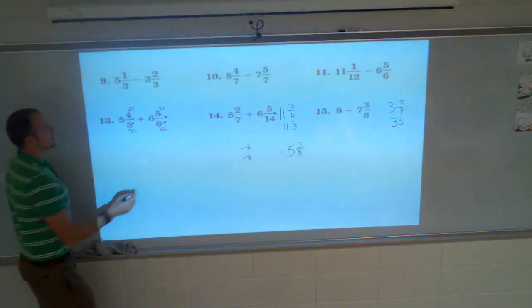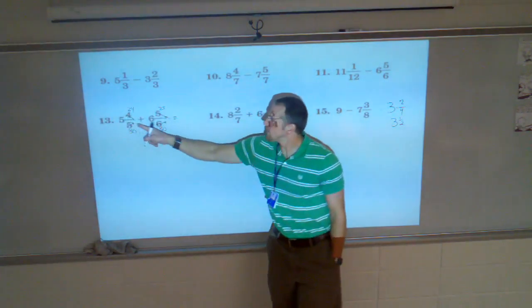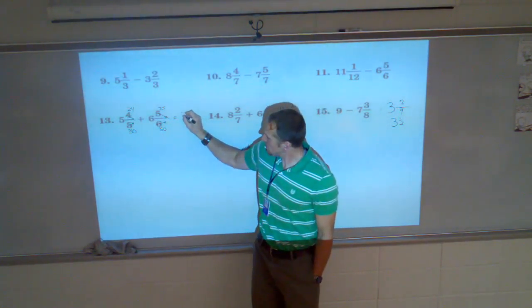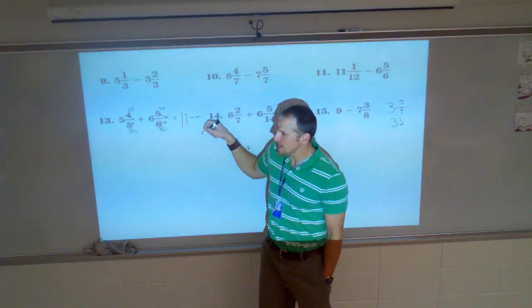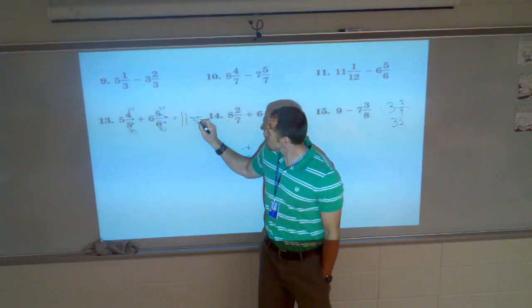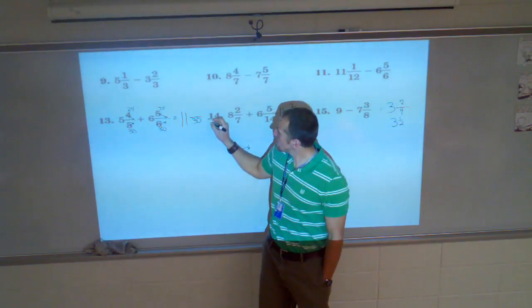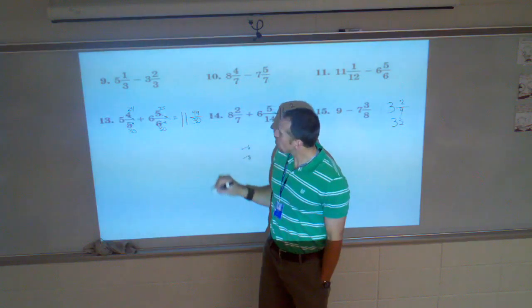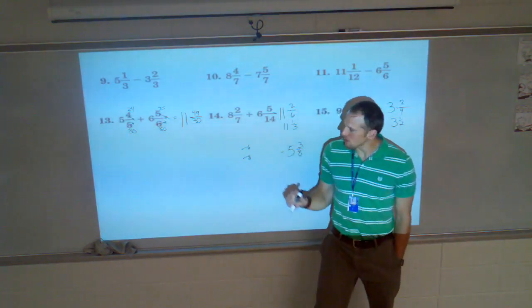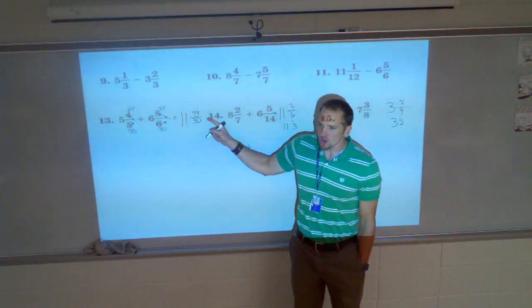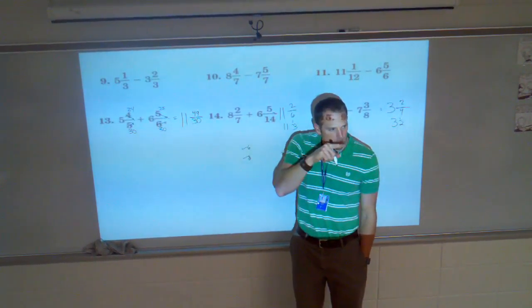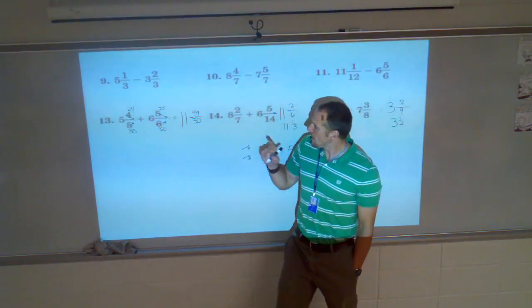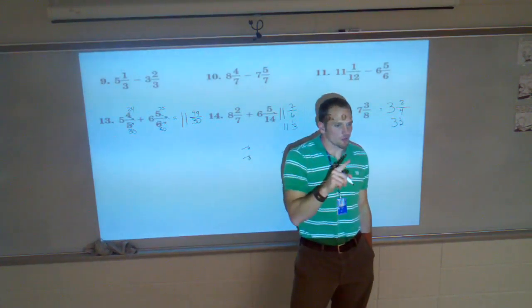All right, Jaylee. 5 plus 6? 11. Bottom the same, 30. Just do the top. 49. Okay. Now, watch how we do this. How many times does 30 go into 49? Lyndon? 1 time. Now, watch what I do with my 1.